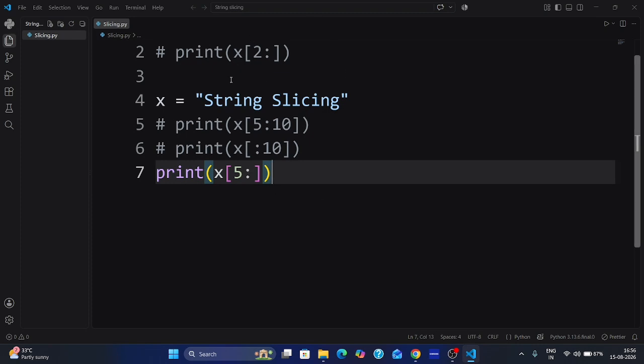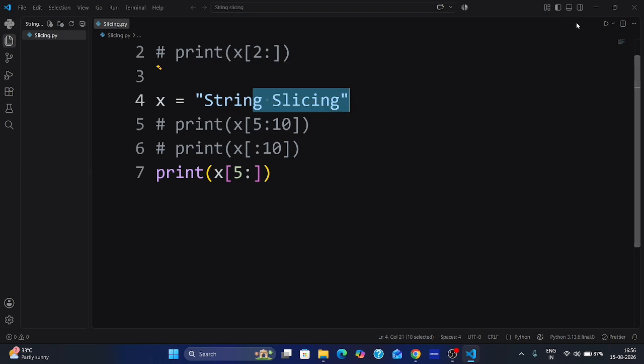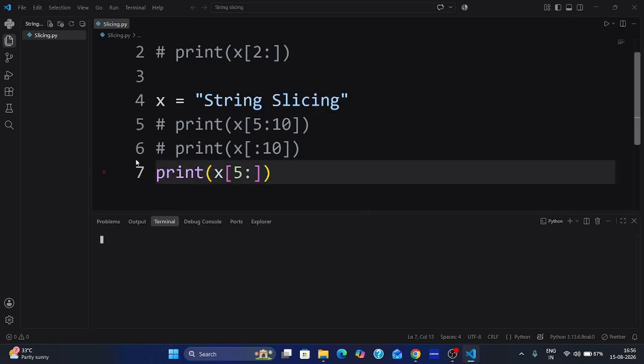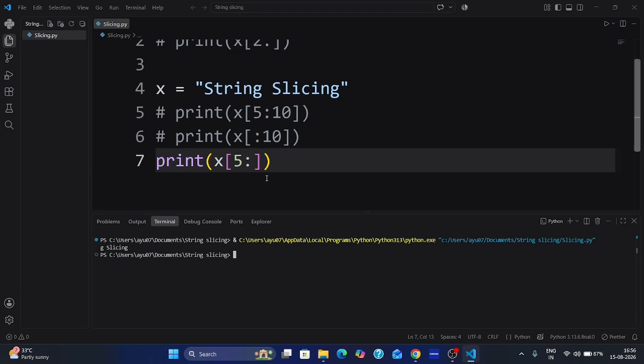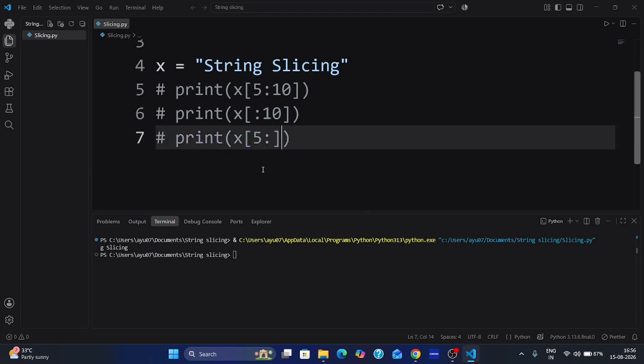It will go up to the last. So our starting index is five. This is zero, this is one, two, three, four, five. So G is our start, G dash SLI slicing. What will it be? G dash slicing, with the rest up to the end. You can see we are getting output G slicing. So this is 5 colon.